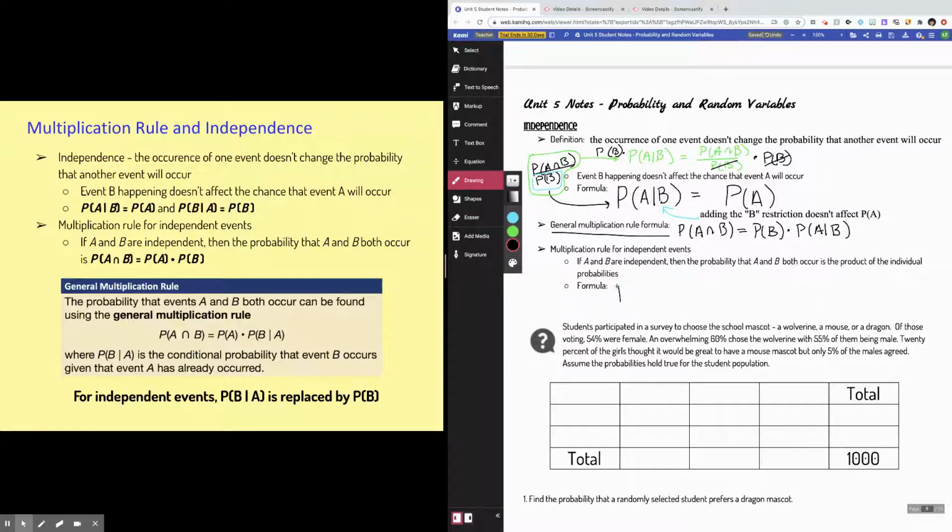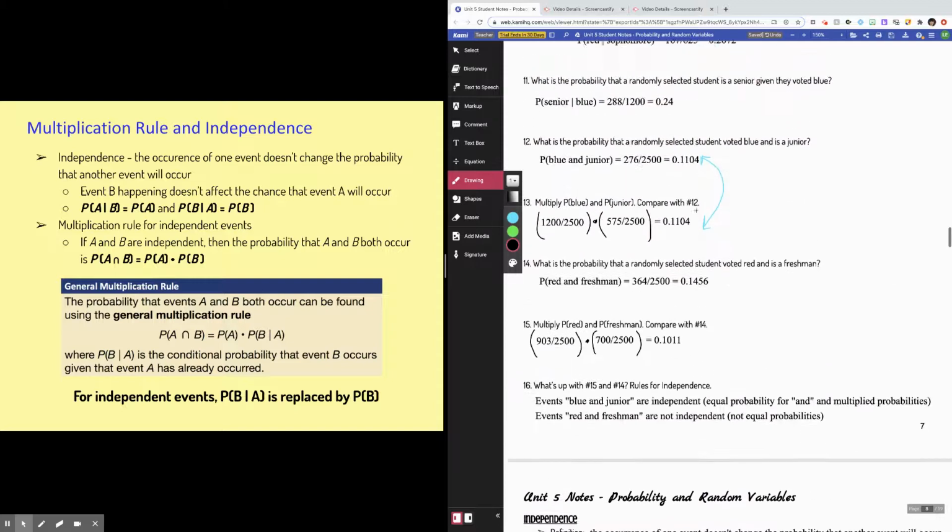For independent events, the rule is probability of A and B is the product of the individual probabilities: probability of A times probability of B. Okay, but this only works when the events are independent, right?